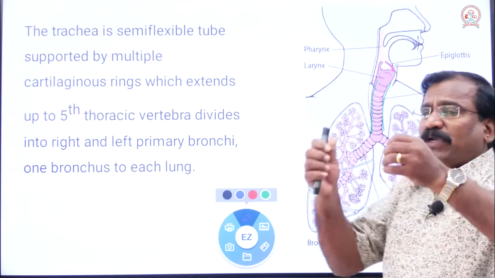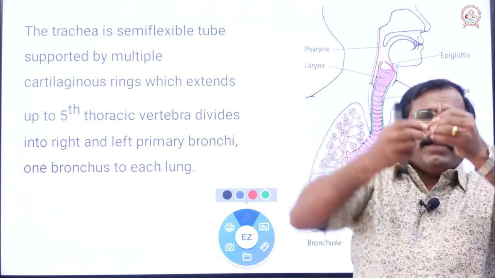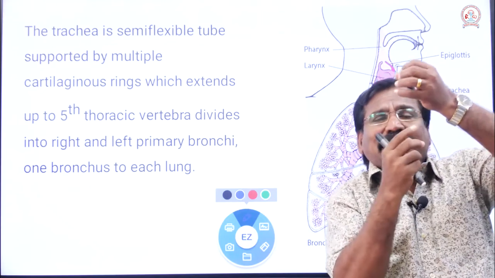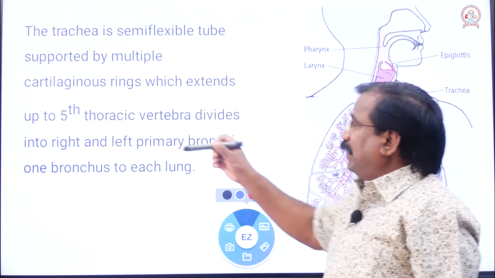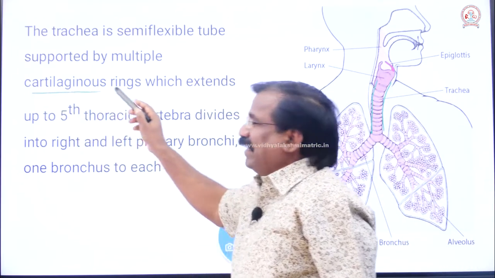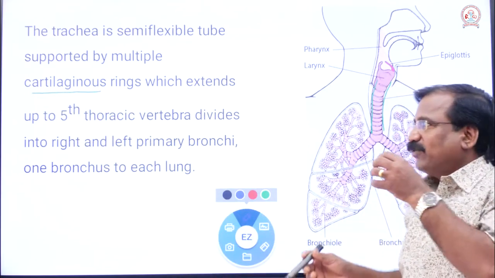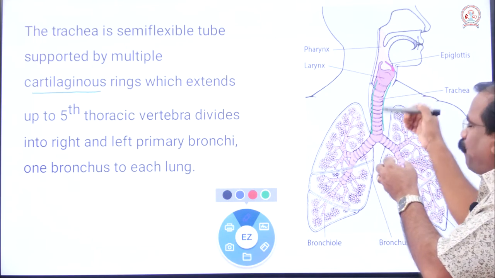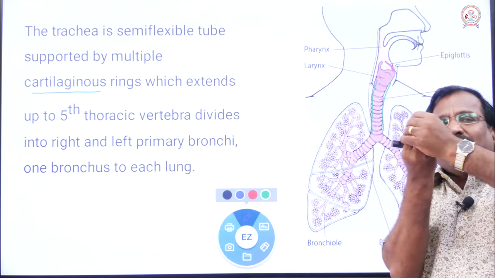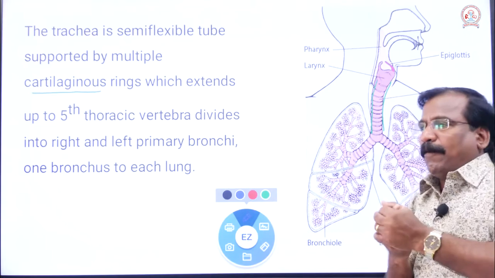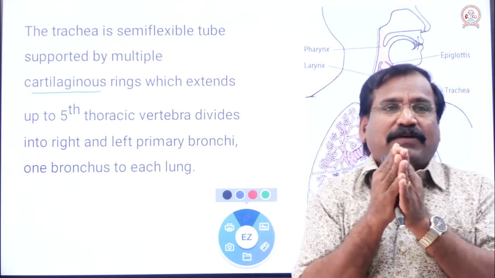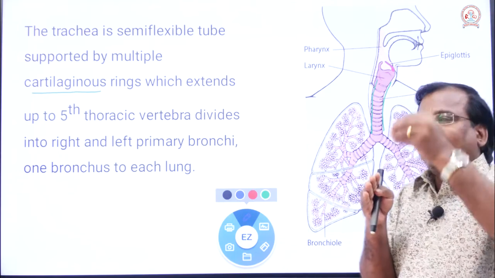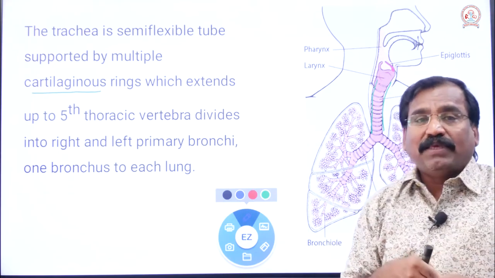It is supported internally by C-shaped cartilaginous rings, cartilage, you know, that soft flexible bone. These cartilaginous rings support the semi flexible trachea. If not, it may collapse, and that would prevent the entry of the air.